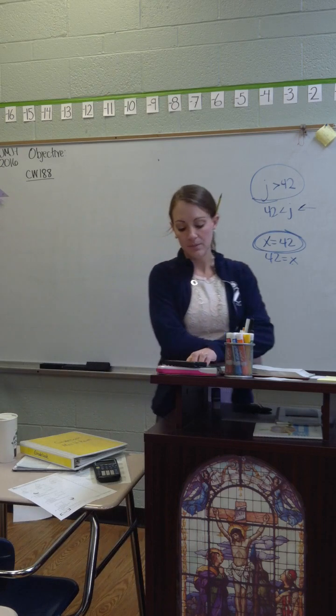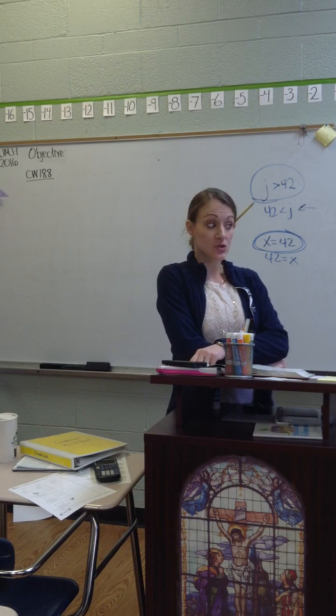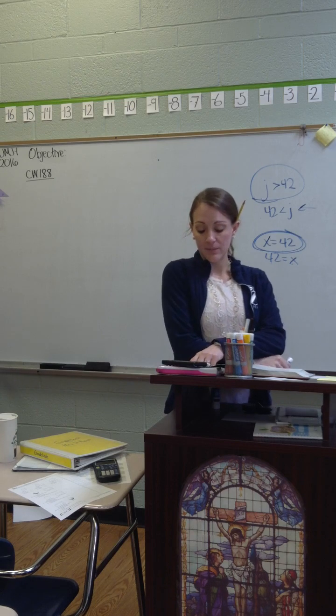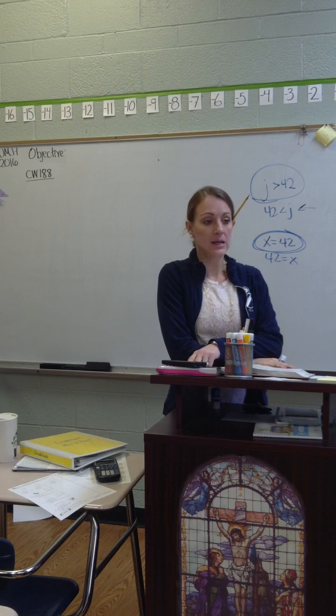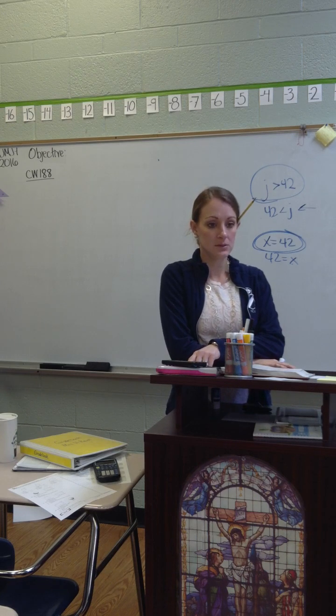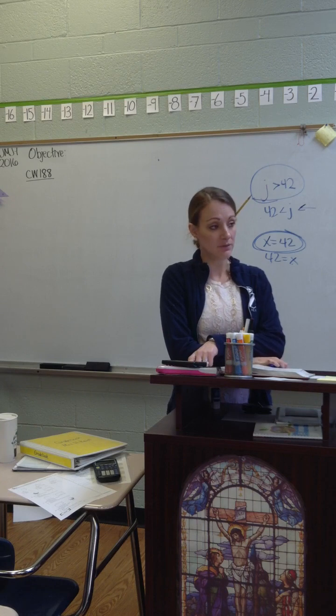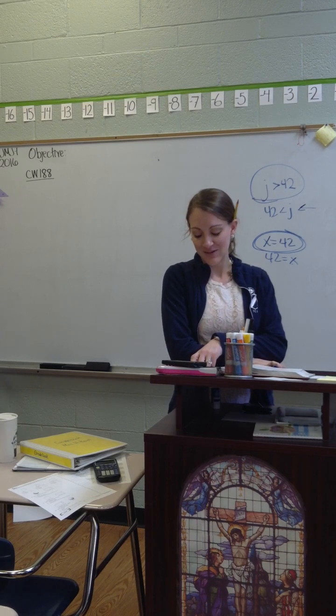Number 6, greater than 5. Are we okay there? Number 9, less than negative 18. Number 12, greater than 6. Number 15, less than or equal to 12. Number 18, greater than or equal to 36.